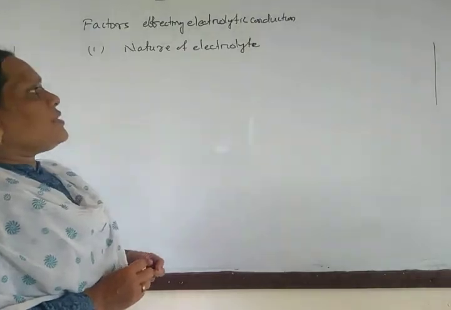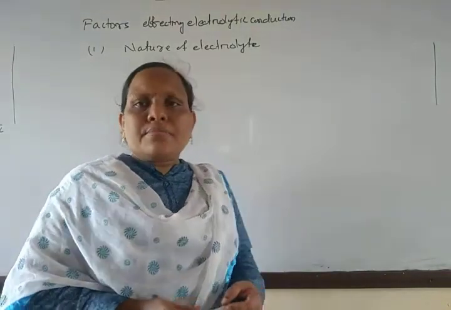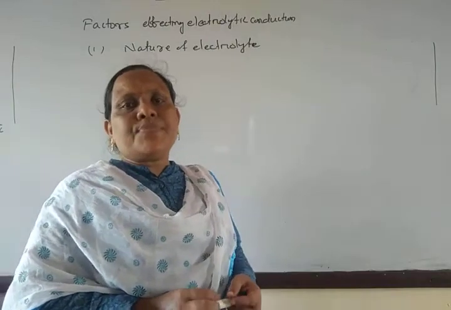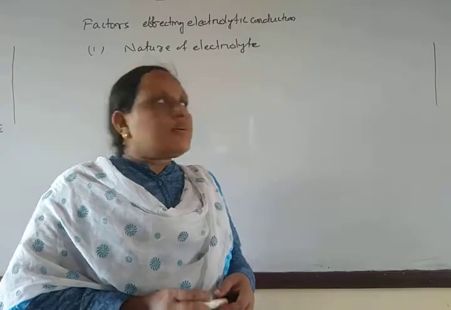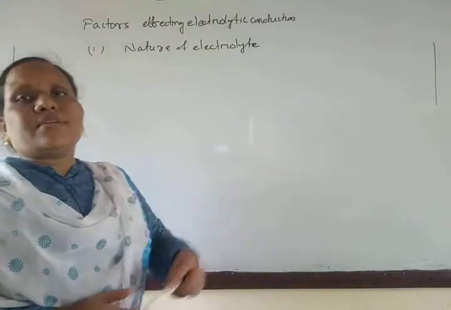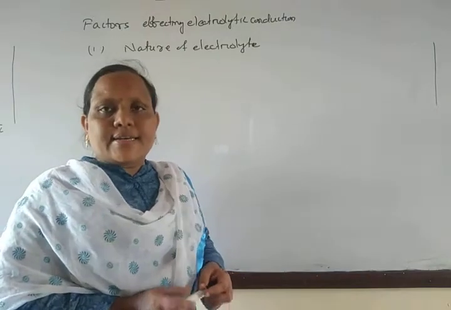But if the electrolyte is like acetic acid, formic acid, various organic acids, and bases like ammonium hydroxide, the electrolytic conduction is generally less because they ionize slightly.